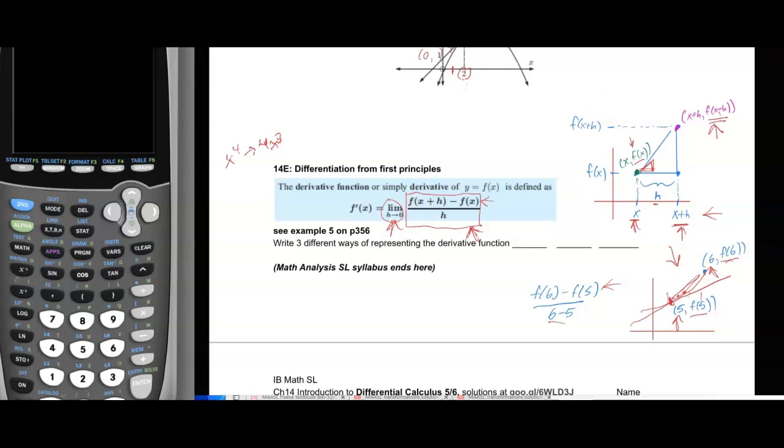If I take the second x value and subtract the first x value, I get the denominator, which is just h. So that's where this comes from. That's why it's a slope. Derivative is a slope. This is exactly why the right half of this expression looks like this. You may not totally understand that now, but after working with this during the next couple of days, I think you'll be there.